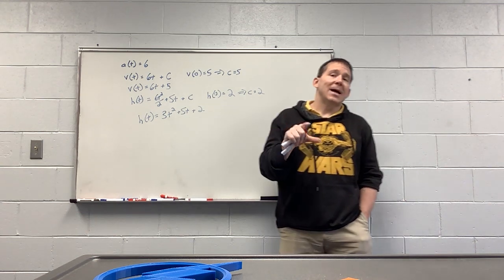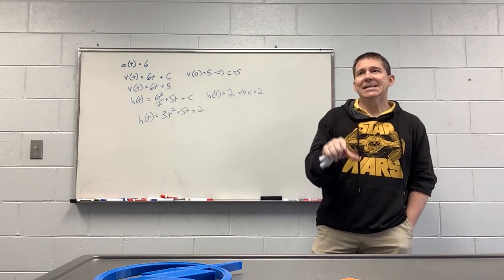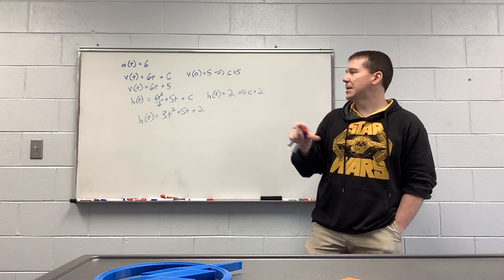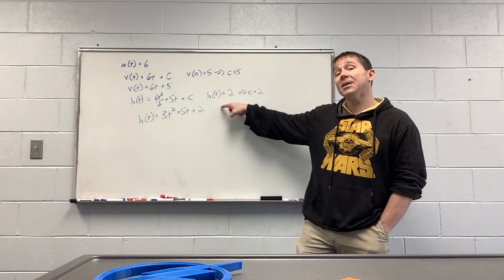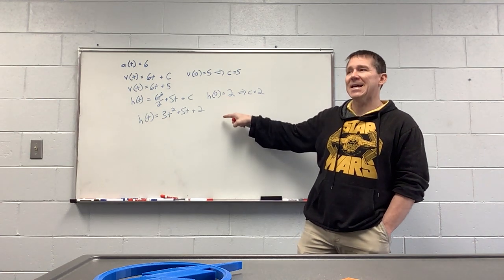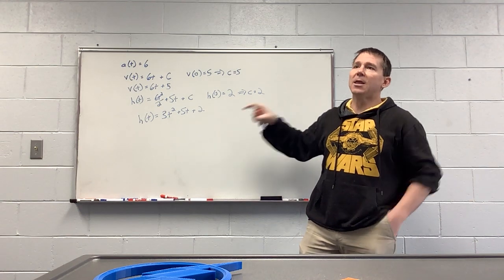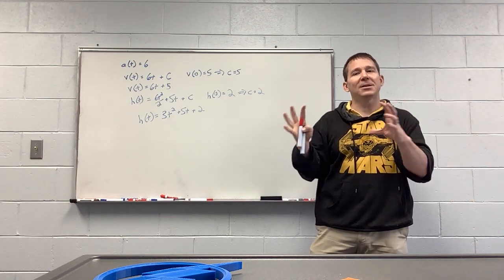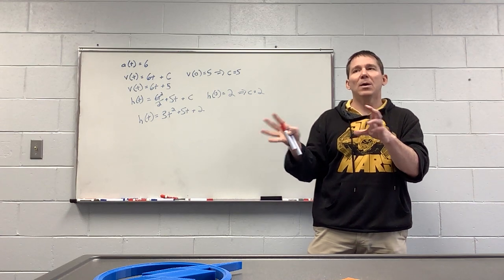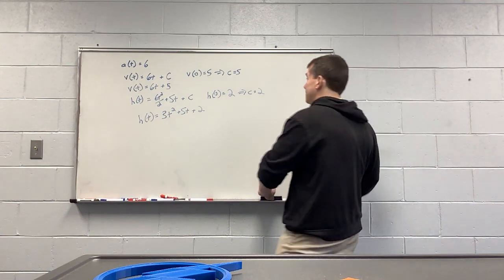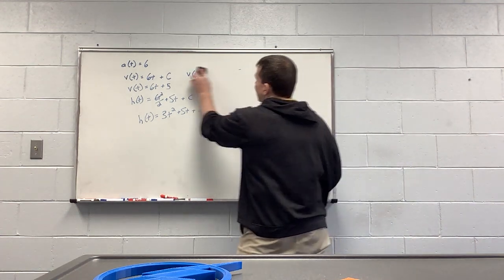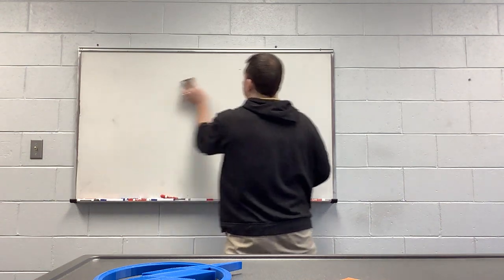So now we want to take that idea and expand on it, because while we definitely use it for simple problems like this, there are a lot more complex problems where we need to anti-differentiate, and we want to look at all of those.